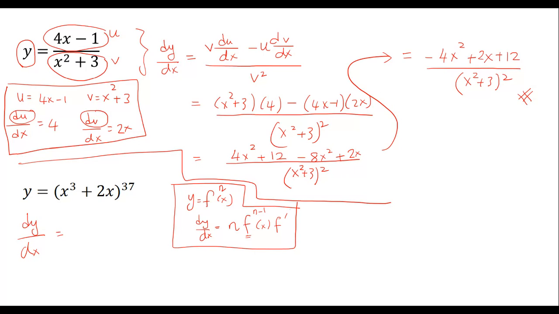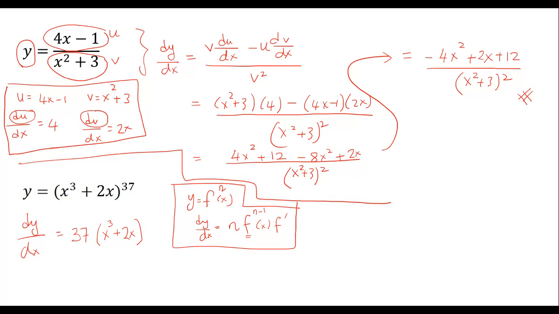Now we are ready to solve this. My n is just 37, and this is my f. If you notice, I didn't change anything inside my bracket because I know this is my f.